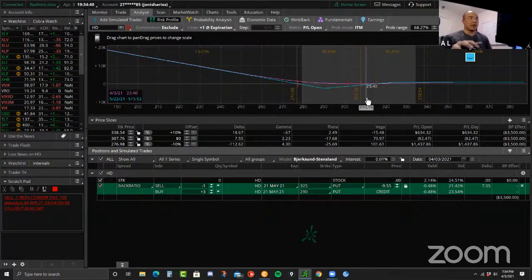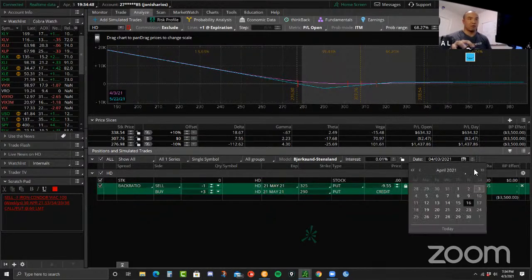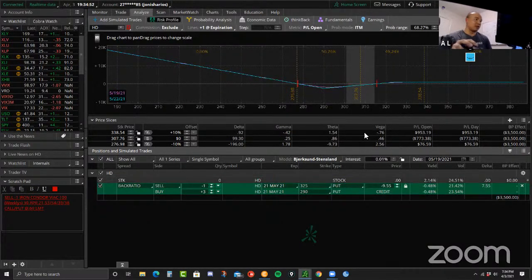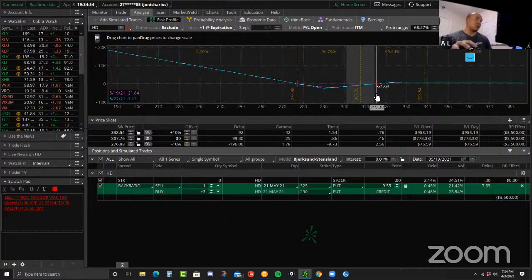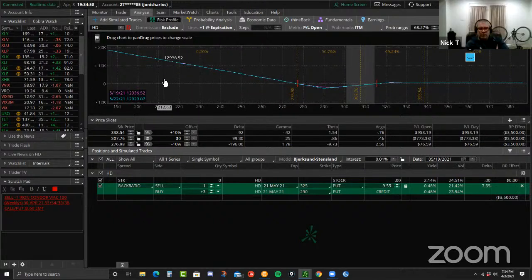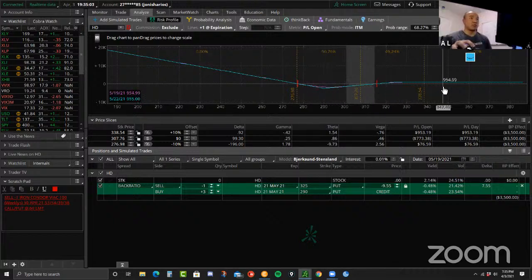Between now and expiration, we'll move the clock forward to 19 or 21 May. If we move down in Home Depot, you'll make unlimited amounts of money. But if Home Depot continues to grind higher, you collect up to $955.